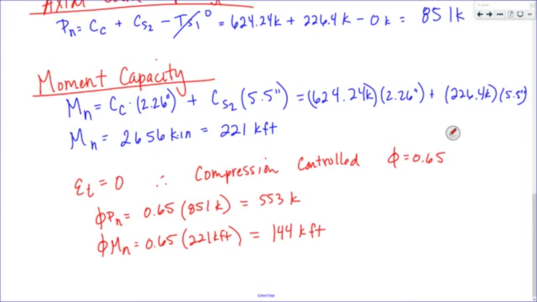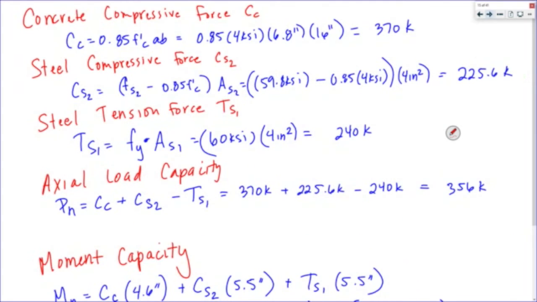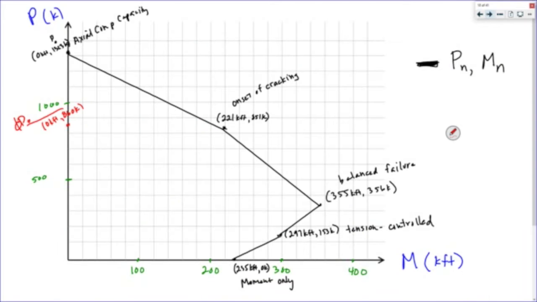Okay, so now I can take those new values. Let's see, 144 kip feet and 553 kips. So that's about here. Something like that.